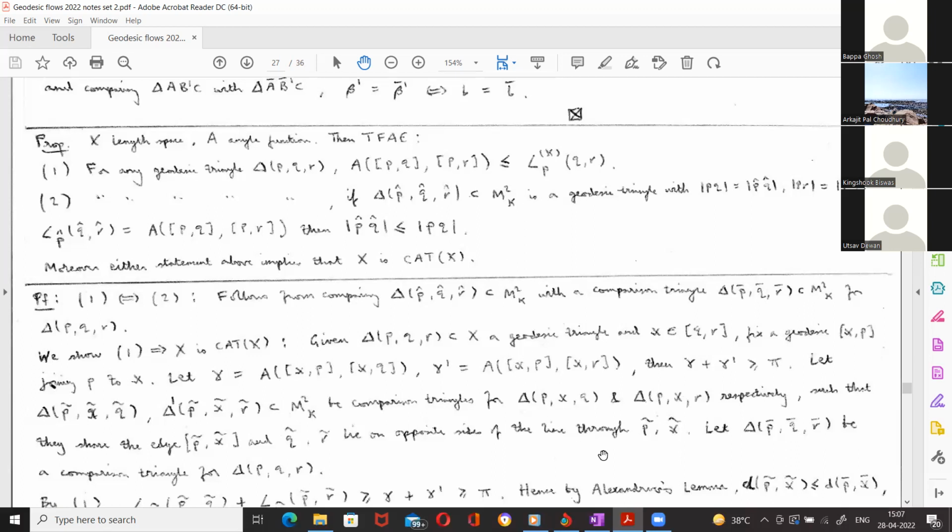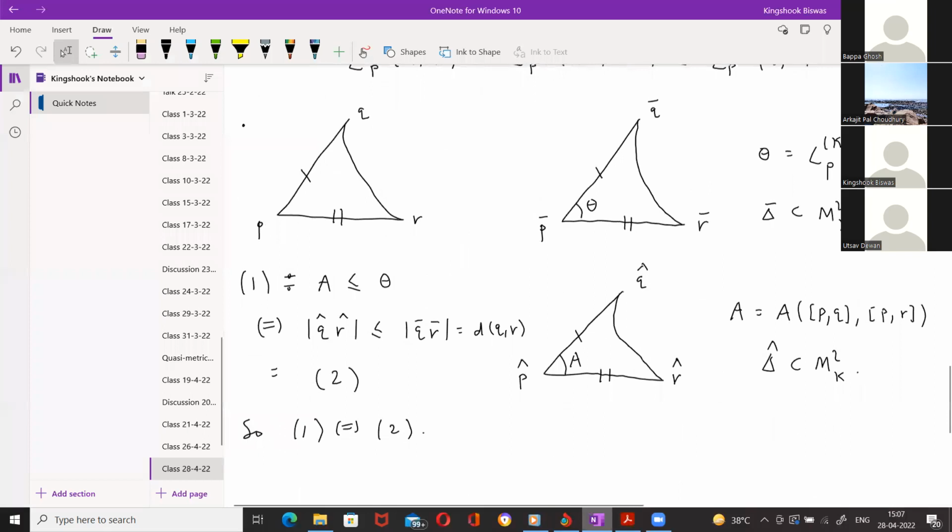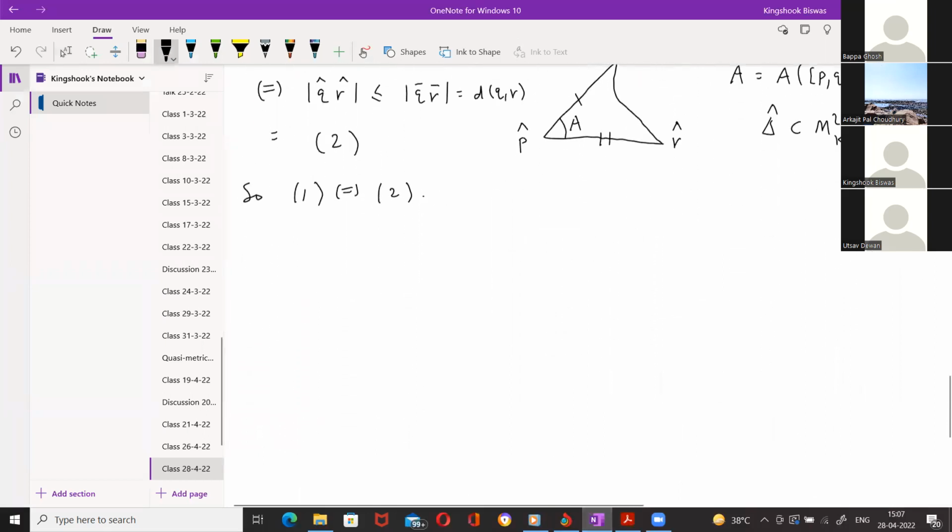So I've written out the proof. Let me just draw you the proof. So 1 implies that X is cat kappa. So what I'm going to do is the following. I take PQR and I take a point X on the side QR. Okay.